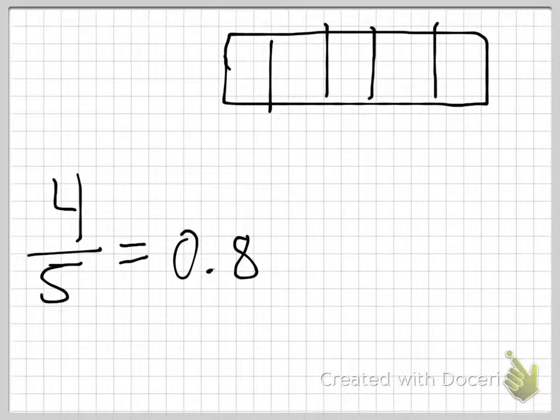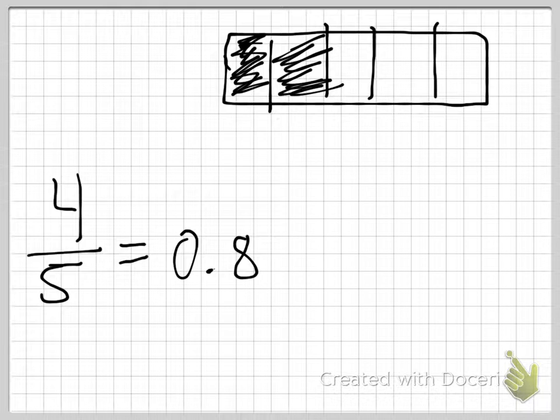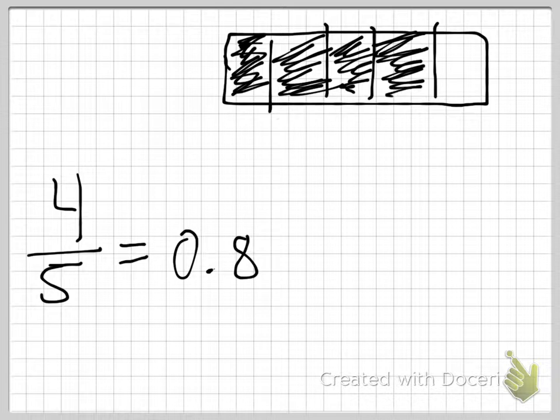Here is 1, 2, 3, 4, 5. 1/5, 2/5, 3/5, 4/5. Okay, so when you divide 4 divided by 5, you're not going to get 4.5, okay?